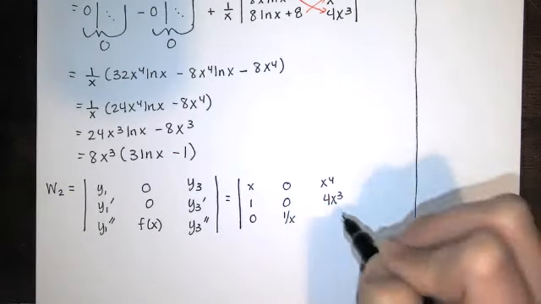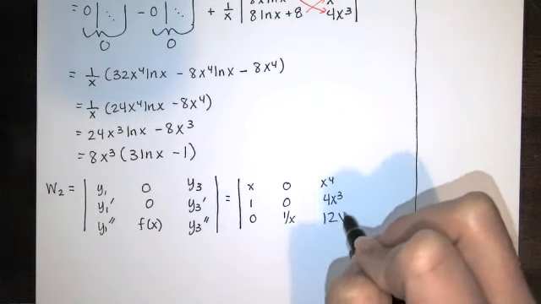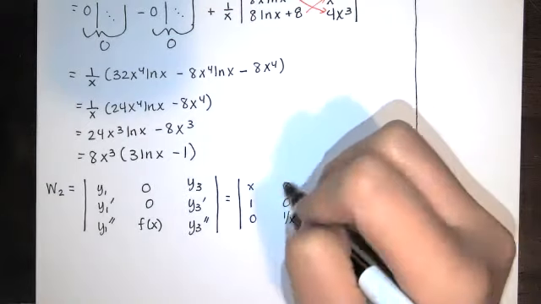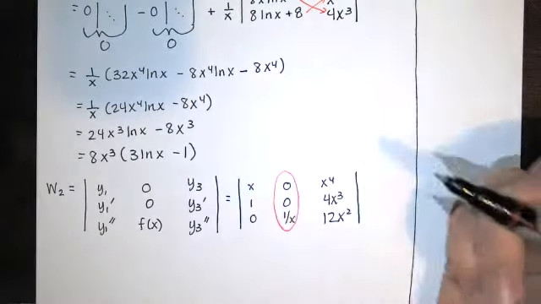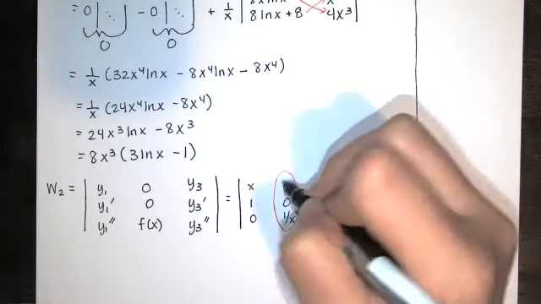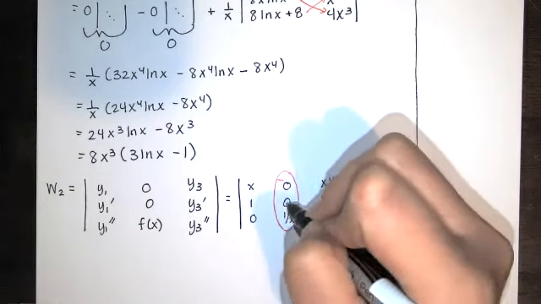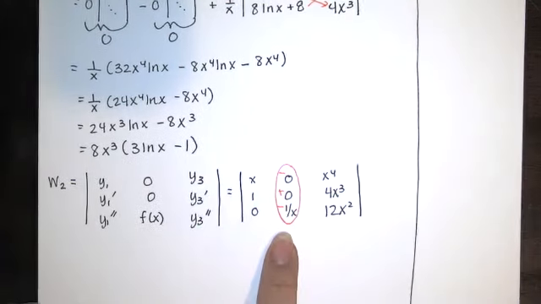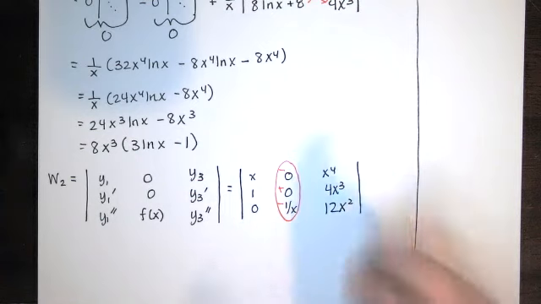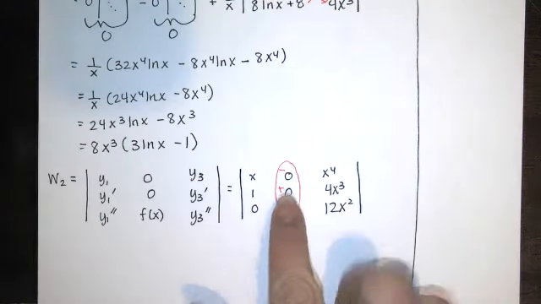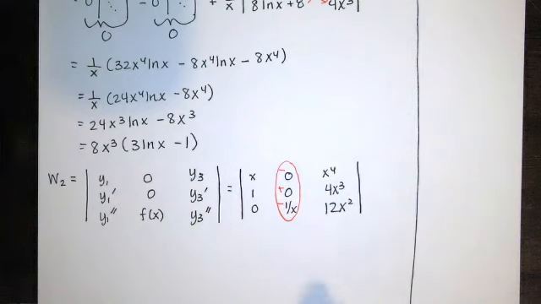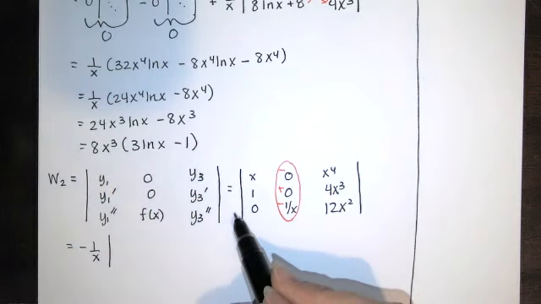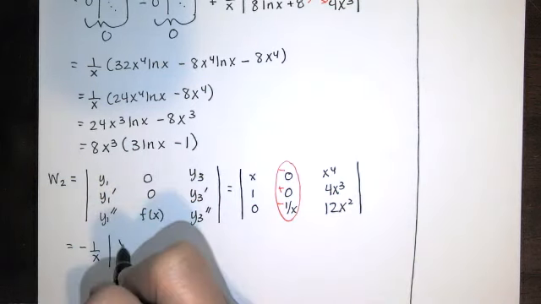Wow, we have lots of options for rows or columns to expand along. But we want to use the one with the most zeros, so we're going to use this one. Now, sign convention is you start with plus, minus, plus, minus, plus, minus, plus, minus, plus. So when we expand along this column, we end up with 0 times a 2 by 2 determinant, which is 0, plus 0 times a different 2 by 2 determinant, which is 0, minus 1 over x, times the 2 by 2 determinant that comes from crossing out this row and this column.